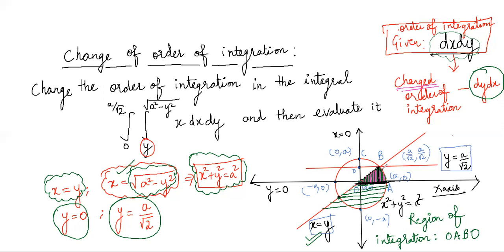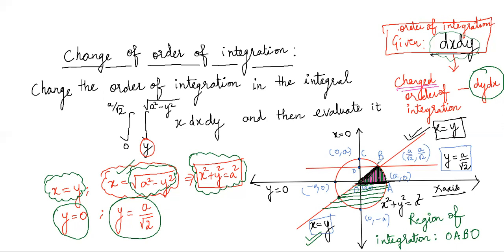Here these strips are ending, here these strips are ending, and here these strips are ending. If you see it carefully, up to some stage, the strips are ending at this curve, which is the straight line x equal to y.